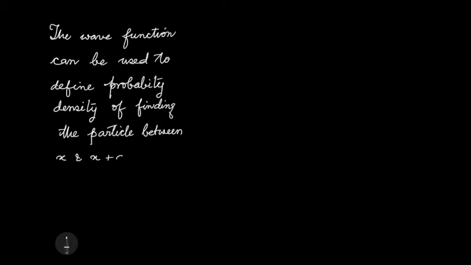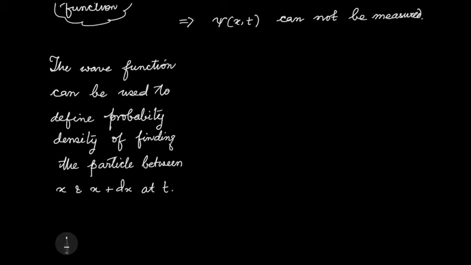Because we are writing a position space wave function, it can be used to define the probability density of finding the particle between x and x plus dx. Remember that we are dealing with only one dimension at the time t. So how do I define the probability density? Let us call that p(x,t).